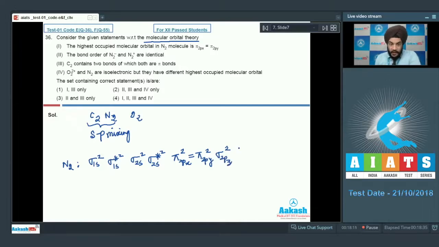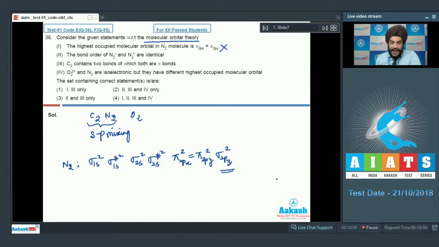So this is the configuration of N2. In the first statement, the examiner is interested in the highest occupied molecular orbital of N2, which is sigma 2pz2 and not pi 2px equal to pi 2py. This statement is incorrect.